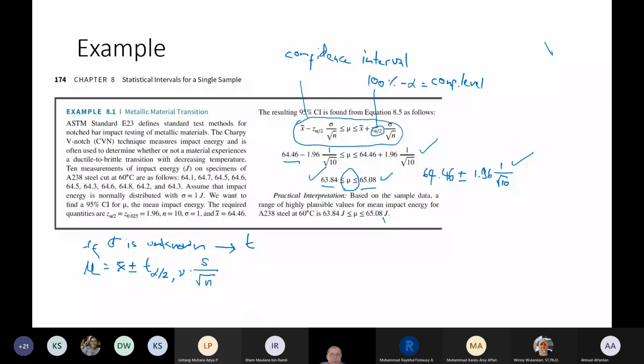Again, this formula is used if sigma is unknown. So we have to calculate sigma from the sample.